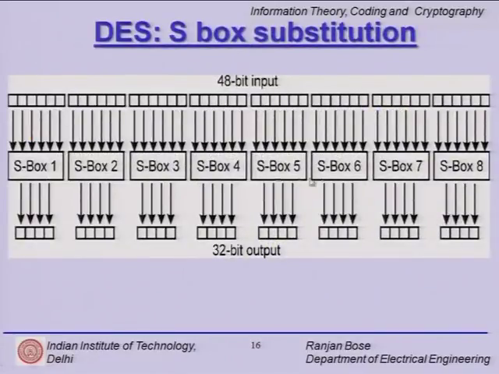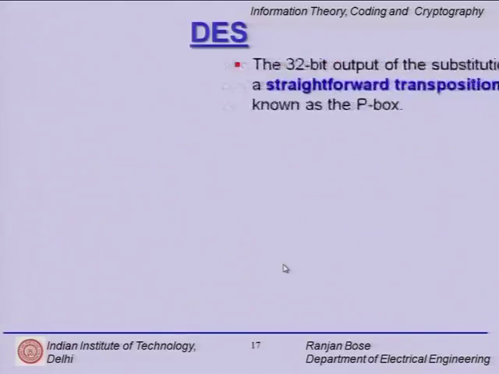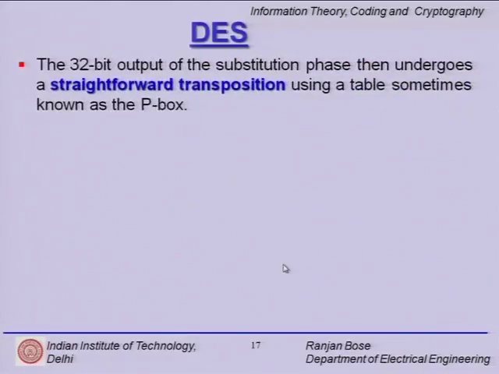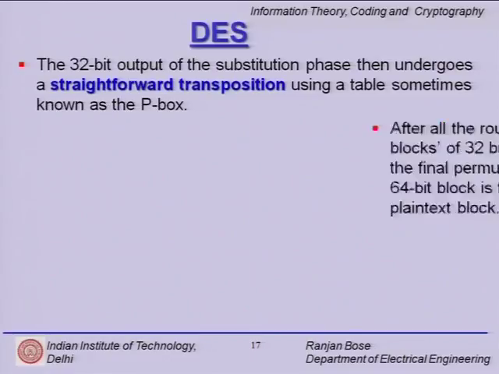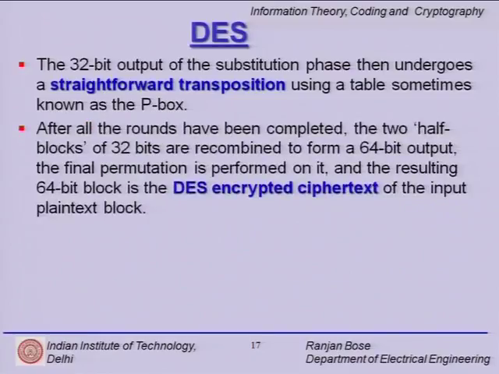So, this is how the 8 S boxes work. You start with 48 bits, then divide it into S boxes and then go on to get the 32 bit output. The 32 bit output of the substitution phase then undergoes a straightforward transposition using a table sometimes known as the P box, or permutation box.